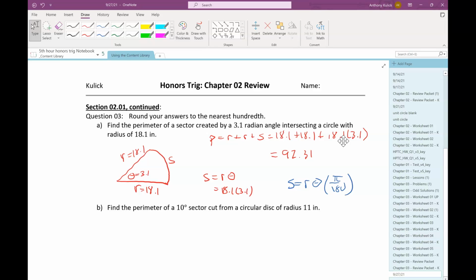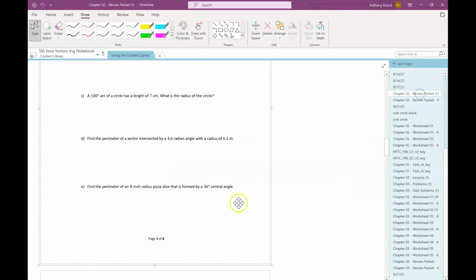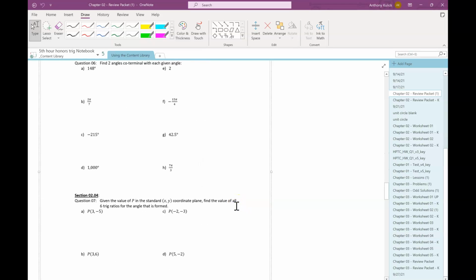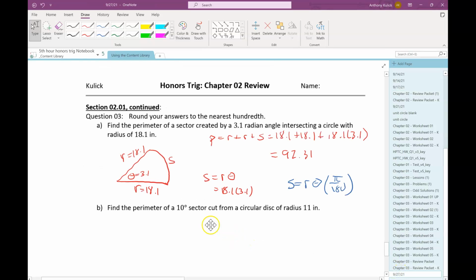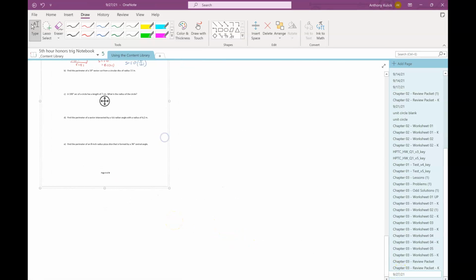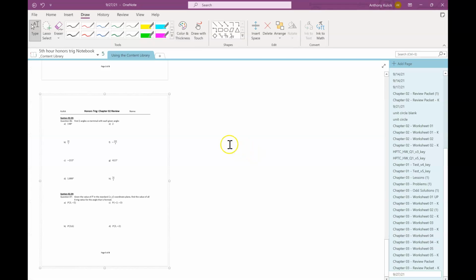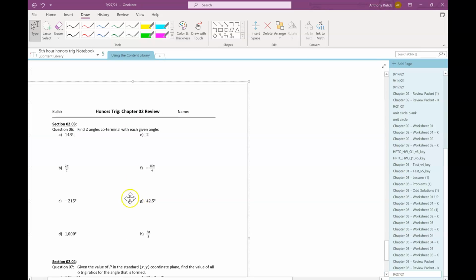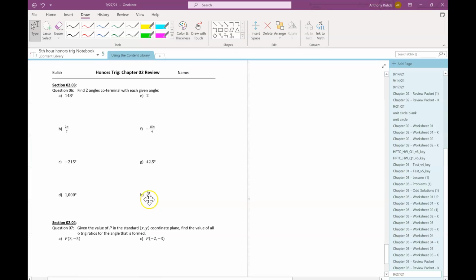Peyton. Still on the review packet. Sure. On page 5, did you do question 6H? So page 5, and then this one down here at H. Okay, so it just says to find two angles that are coterminal.